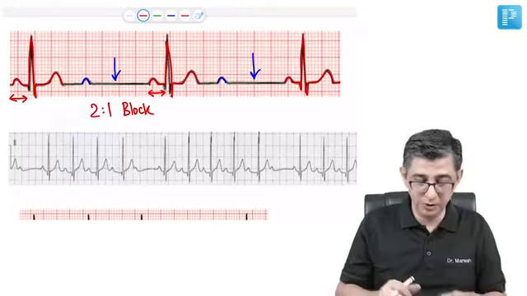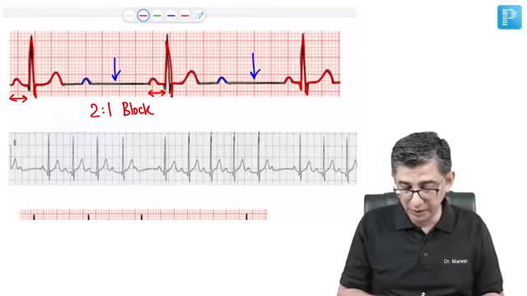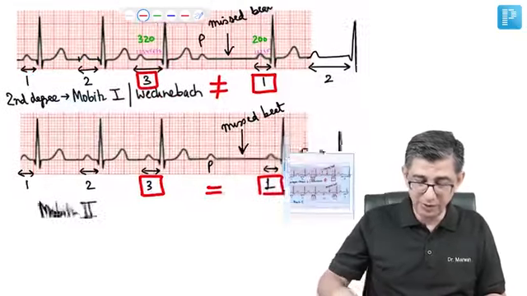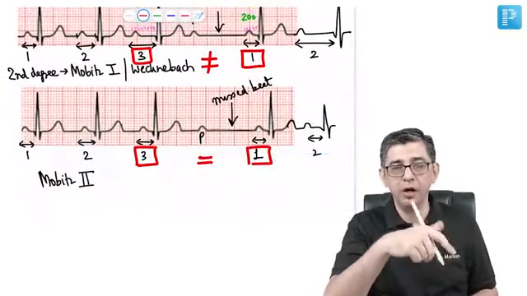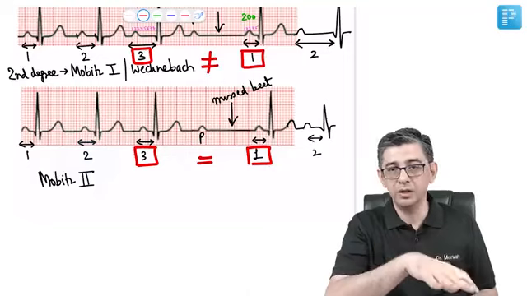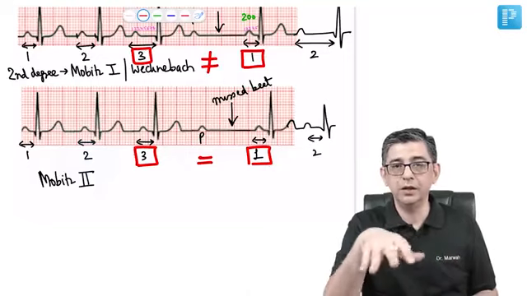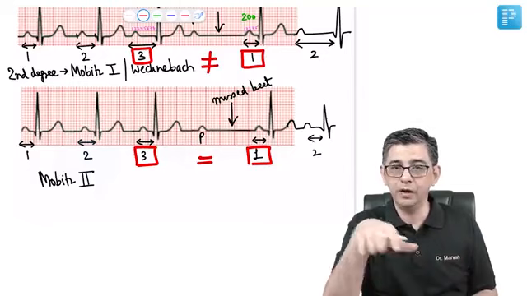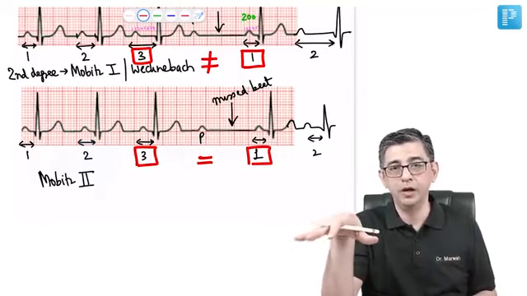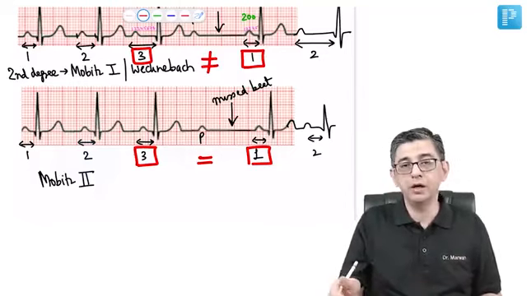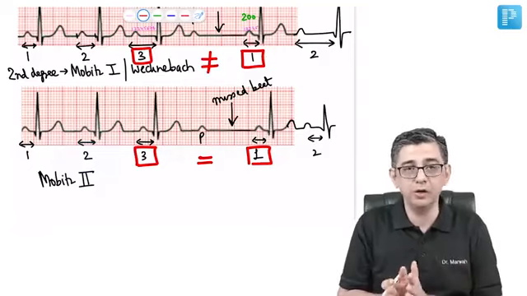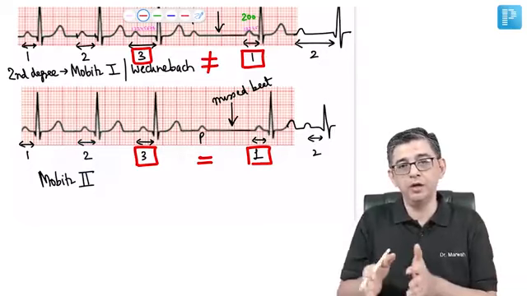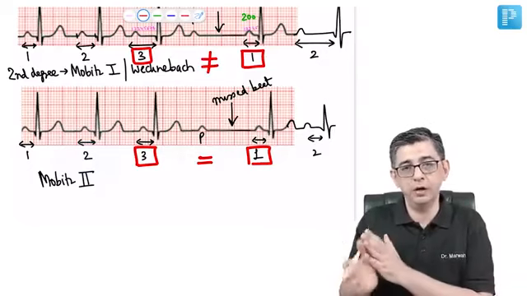Now the solution for this, and I'm going to go back to my previous slide so that you are able to understand this better, is that in Mobitz 2 heart block you would see conduction, conduction, conduction, conduction, then a drop, then again conduction, conduction, again a drop. So you would have multiple conductions. What I mean by conduction is every P will be followed by a QRS complex. So there would be multiple conductions followed by a drop, then again multiple conductions.